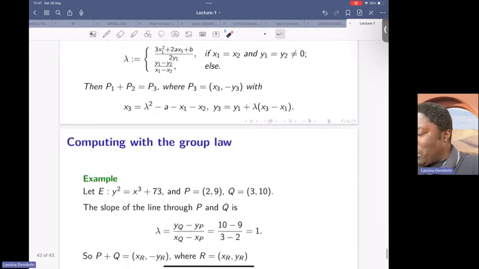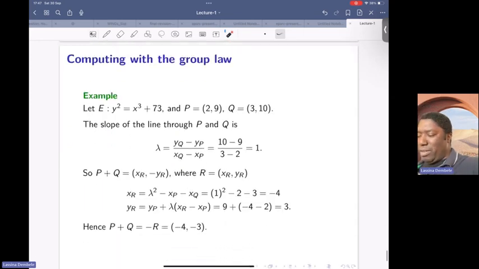Okay, so we are going to conclude this lecture with some examples just to show you how to work with this group law. I think I saw in the exercise sheet that there is some exercise in Sage that you can play around with. If this is the first time you encounter elliptic curves, you can play around with Sage by working out those exercises. So the first example is this elliptic curve here. You can check that these 2 are points on this elliptic curve.